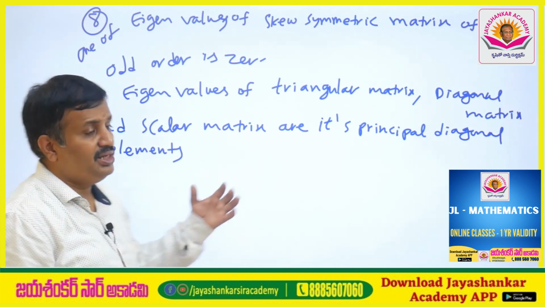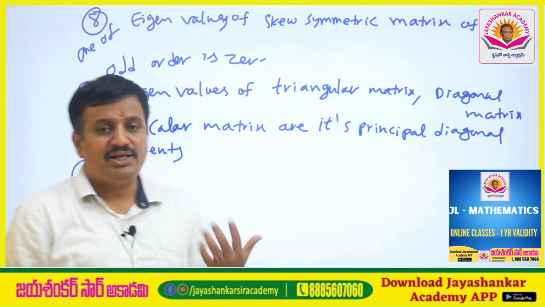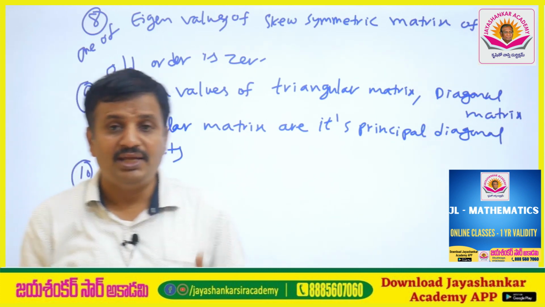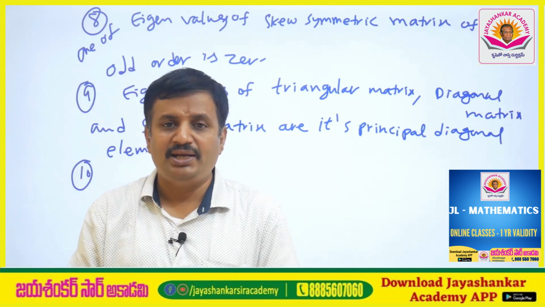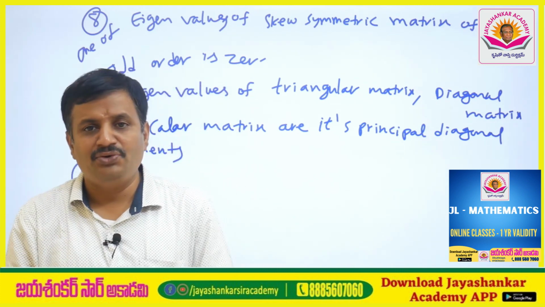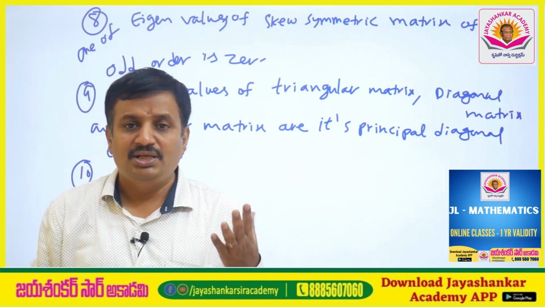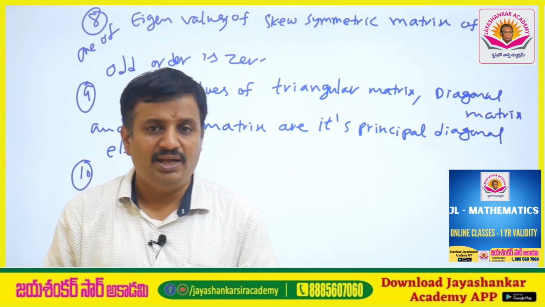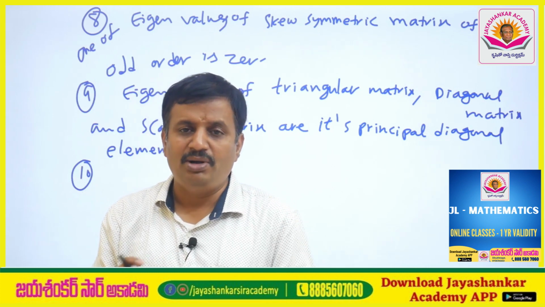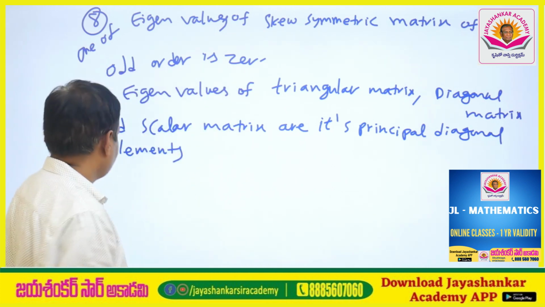So for a diagonal matrix, scalar matrix or triangular matrix, the eigenvalues are the principal diagonal elements. All of you know what the principal diagonal elements are: the elements a_ij for i equal to j, where the row number and column number are the same.